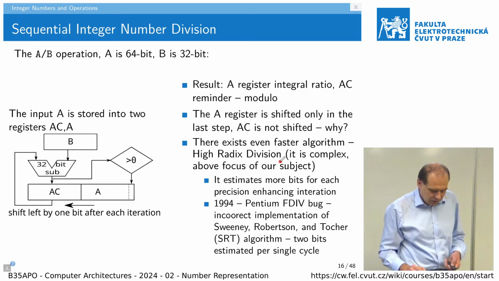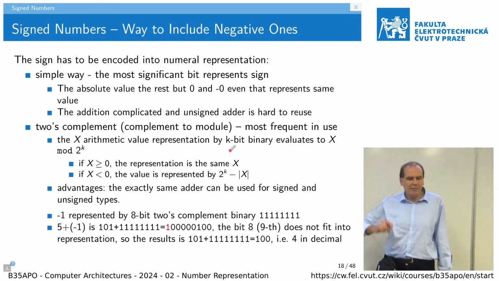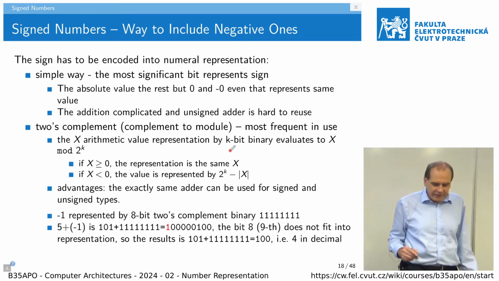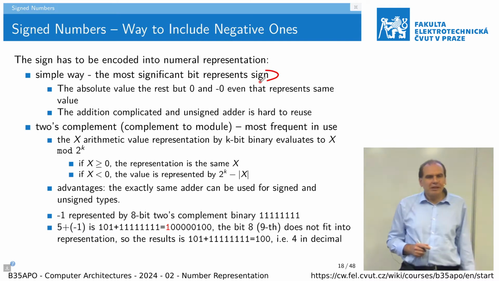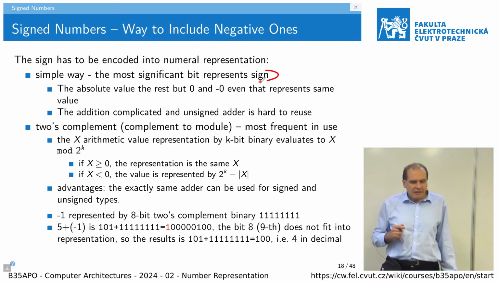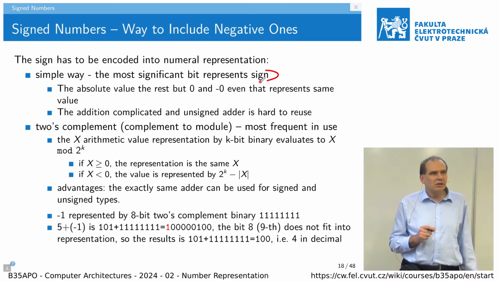So it was incorrect. Okay, now we want to introduce signed numbers. And the simplest way is direct representation, when we write an absolute value and add 1 bit to store the sign.